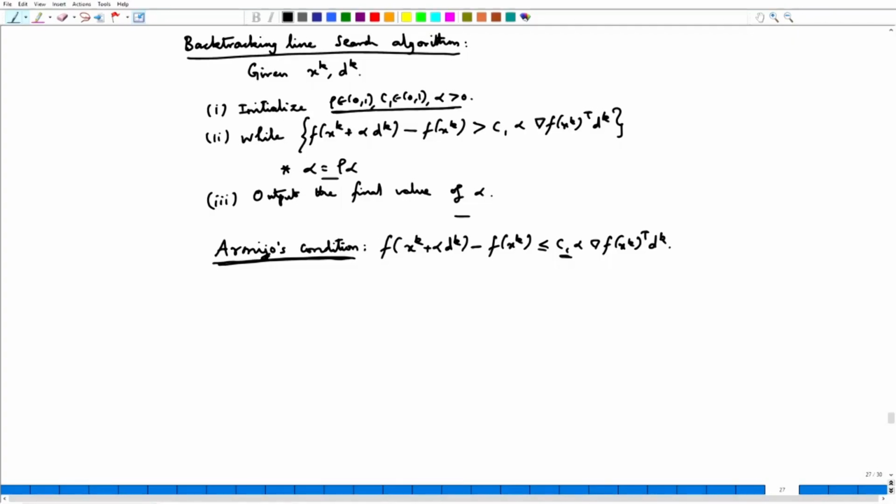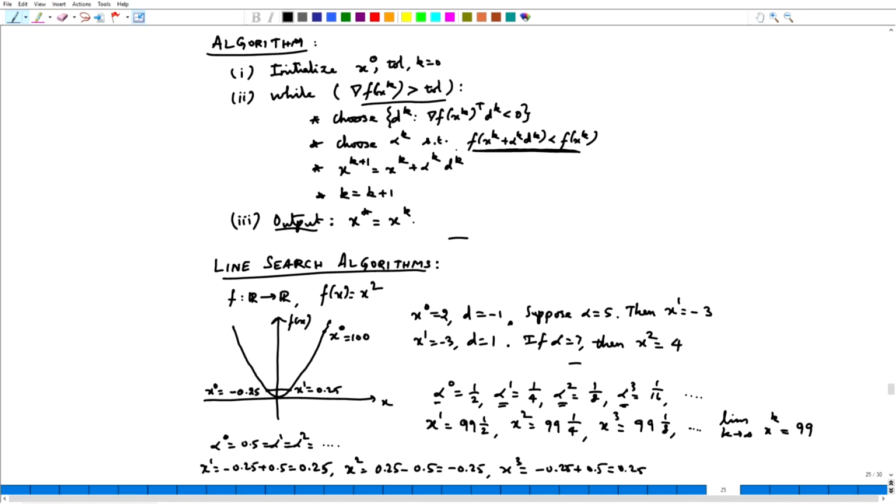Let us first understand this condition: f of x k plus alpha d k minus f of x k is less than or equal to C1 alpha del f x k transpose d k. Note that on the left hand side, f of x k plus alpha d k minus f of x k, we want to choose an alpha such that this is less than 0. You can recall that we have the condition: choose an alpha k such that f of x k plus alpha k d k minus f of x k is less than 0.